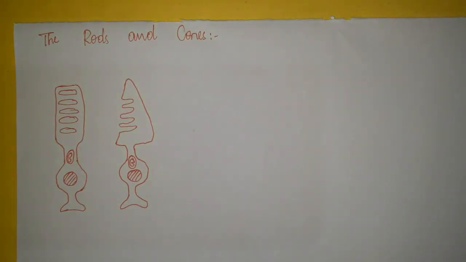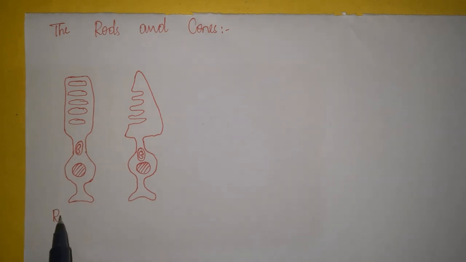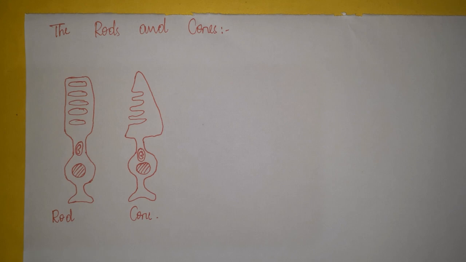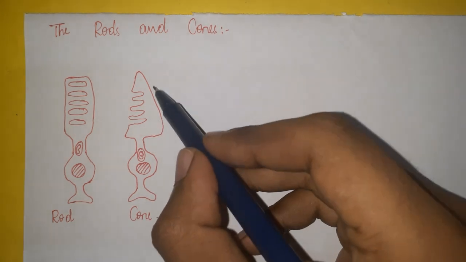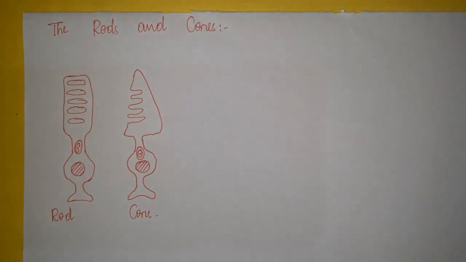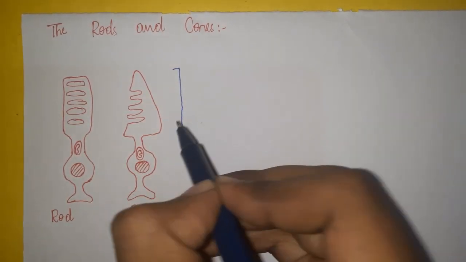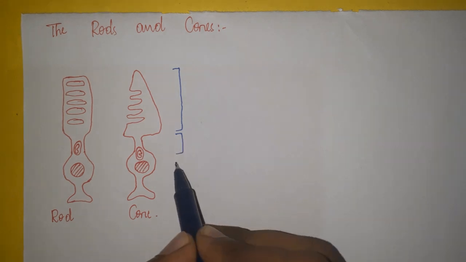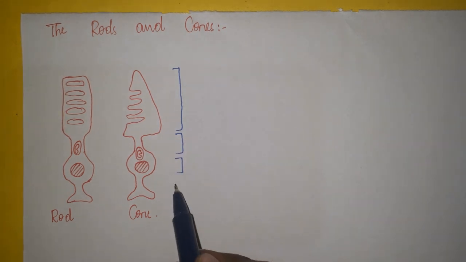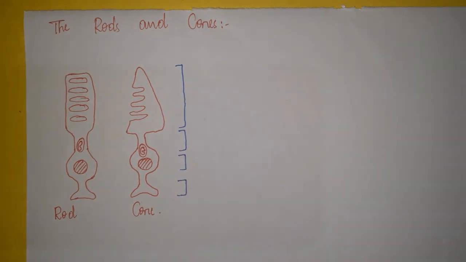Now, details of rods and cones. See this diagram. These are rods. This is a cone. What makes these to be called rod and cone is the shape of the outer segment. I said this is the outer segment, this is the inner segment, this is the nucleus portion, and this is the synaptic body.